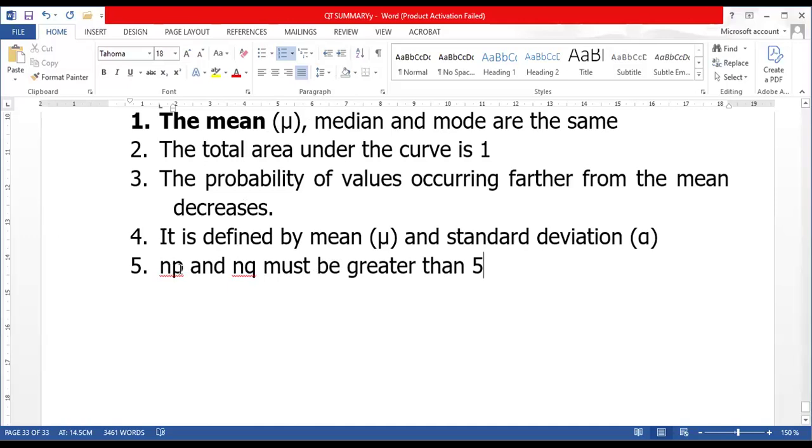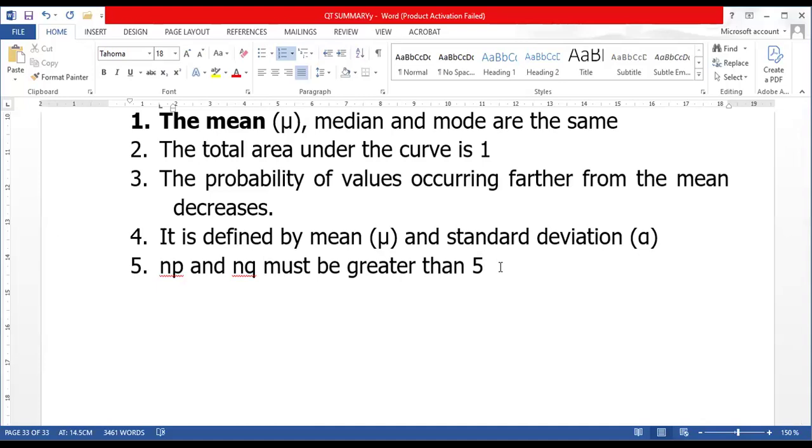If I get n times p, or n times q, it must be greater than 5. If I find that one of them is not above 5, then I cannot use normal distribution probability.